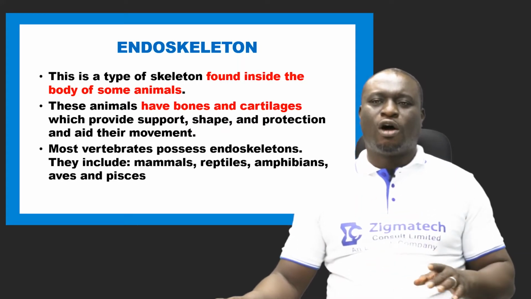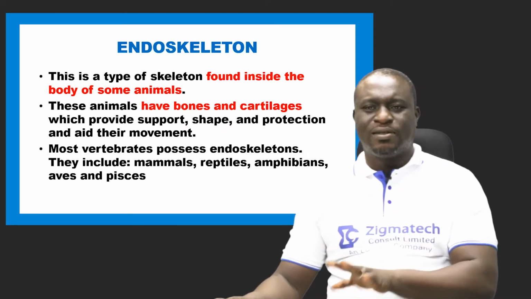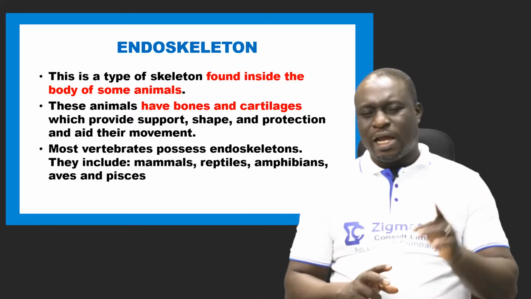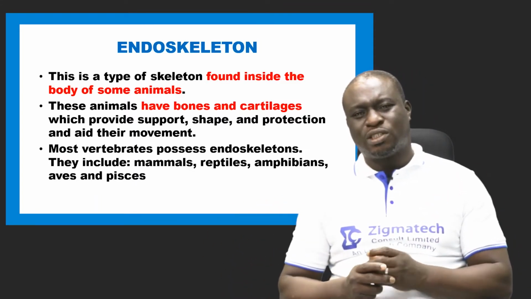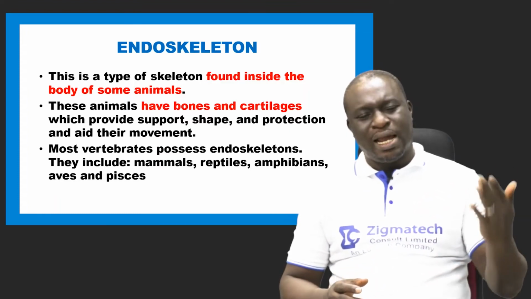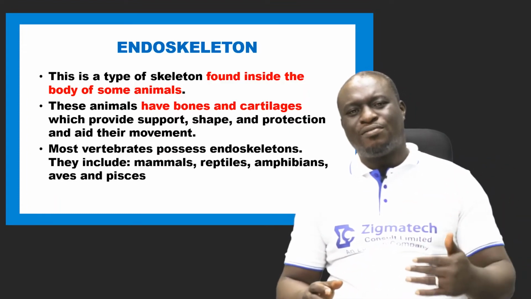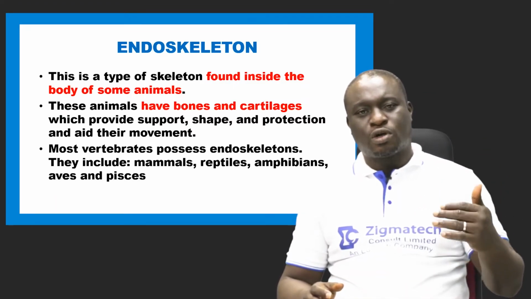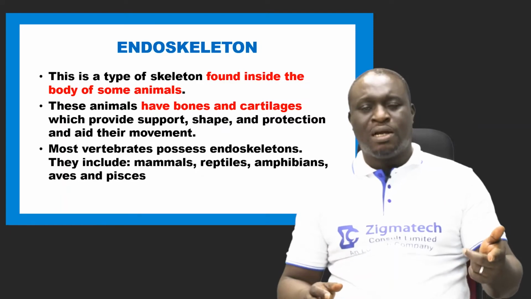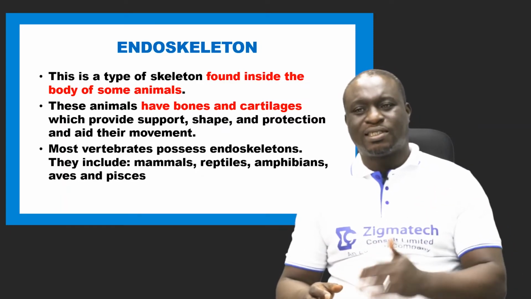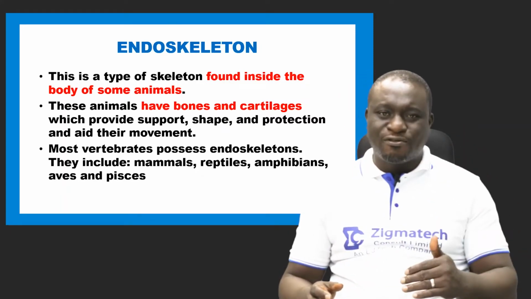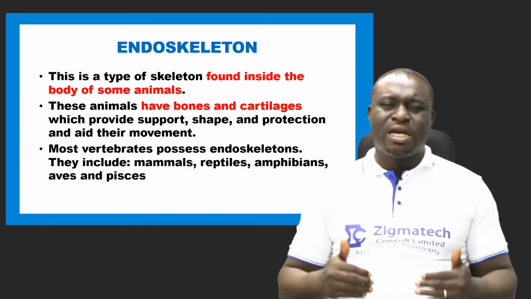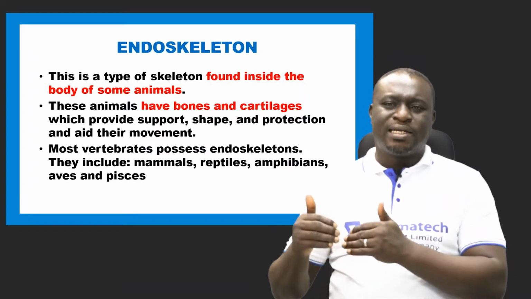Next thing to take note of under endoskeleton is that the animals possess bones. In terms of hydrostatic skeletons, we said they have fluid pressures. In terms of exoskeletons, we said they have cuticles, which contain compounds called chitin. But in terms of endoskeletons, they have bones and cartilages, or their skeletons are made up of bones and cartilages.